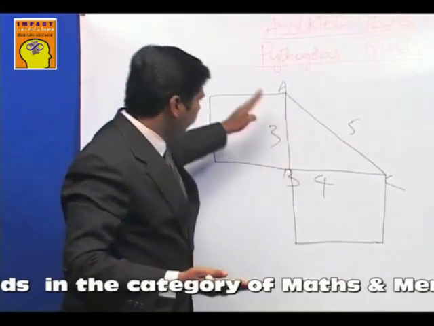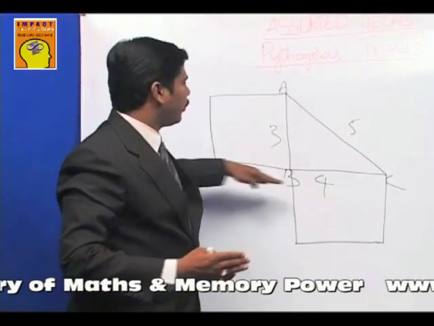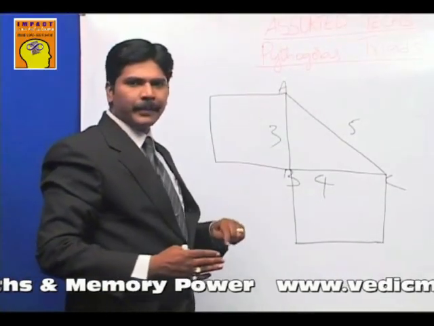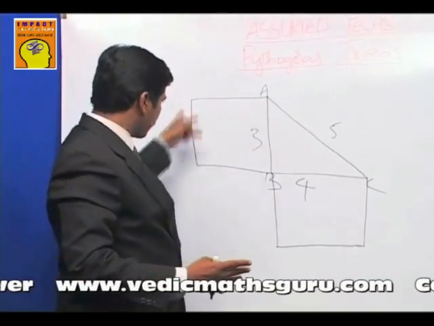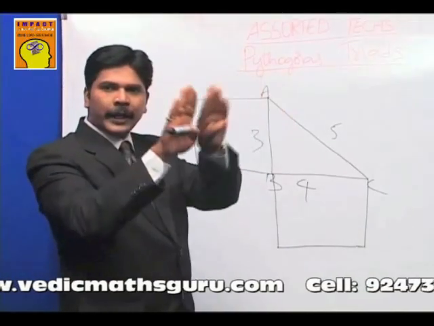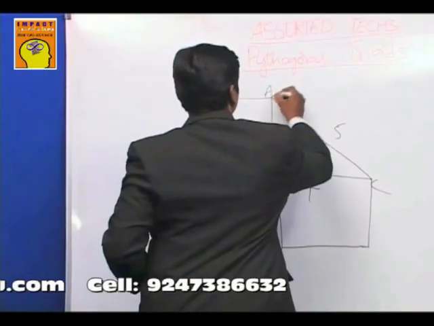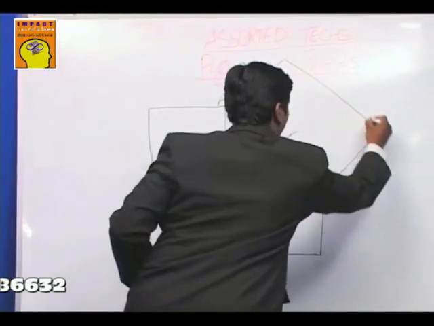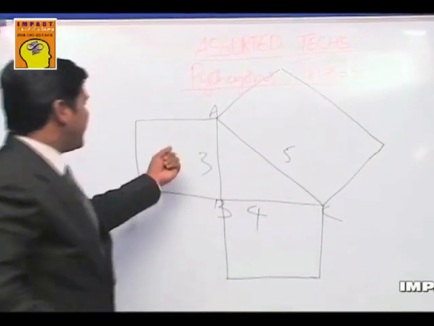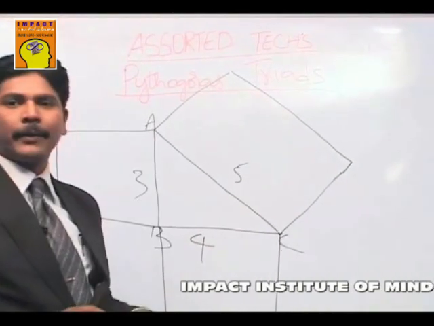Draw a typical right angle triangle with 3, 4 and 5 units, and then perfectly square it. Cut these squares and join them together, and these two squares will be equal to this square. Means AB square plus BC square is equal to AC square.